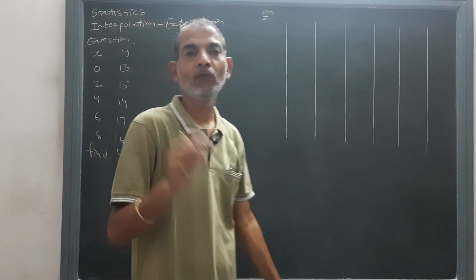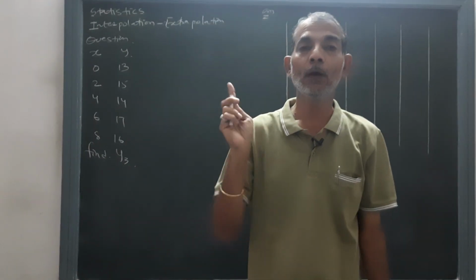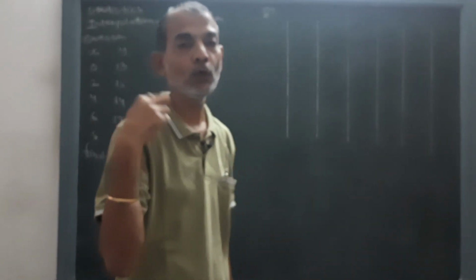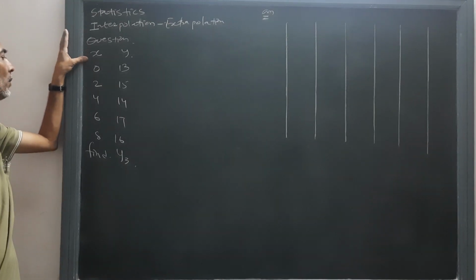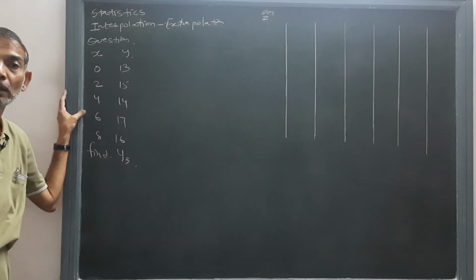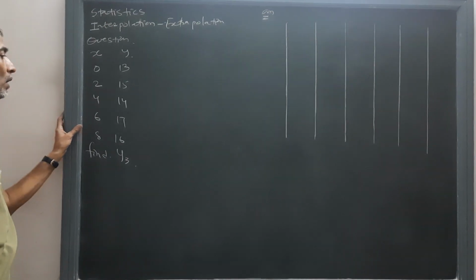That means when x is equal to 3 we have to find the value of y. Now we can apply Newton's formula when the distance between the values of x is equal.